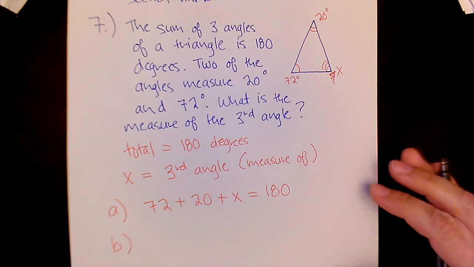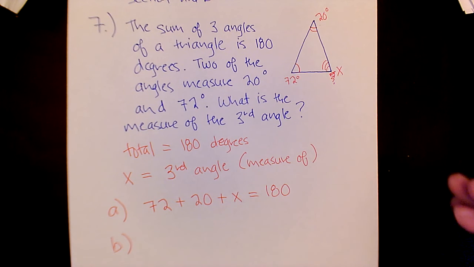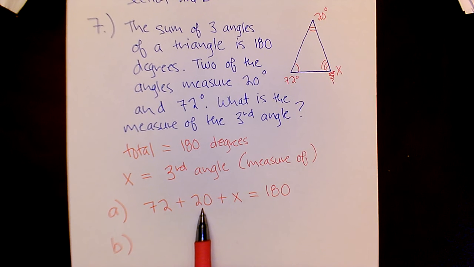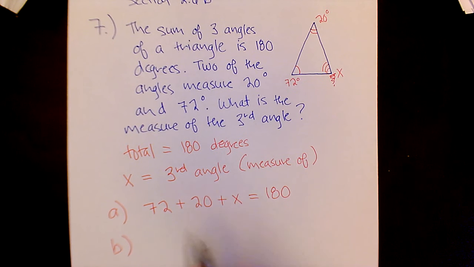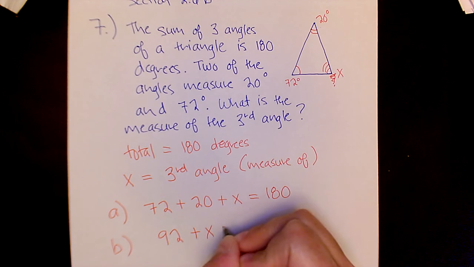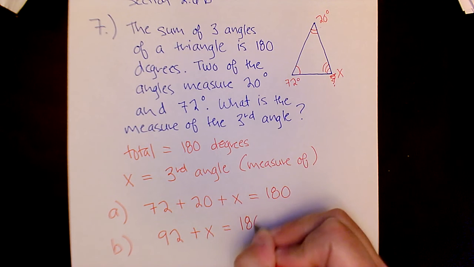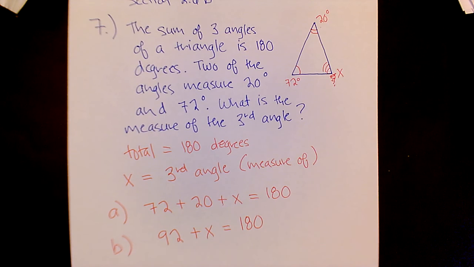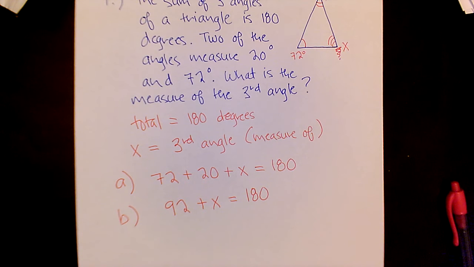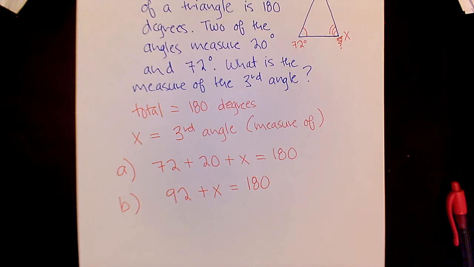And then for part B, we're going to solve this. Do we have any like terms? Well, we can add the 72 and the 20. And the 72 and the 20 is 92. Can I keep going with that? Can I add anything else together? Do I have any more like terms?